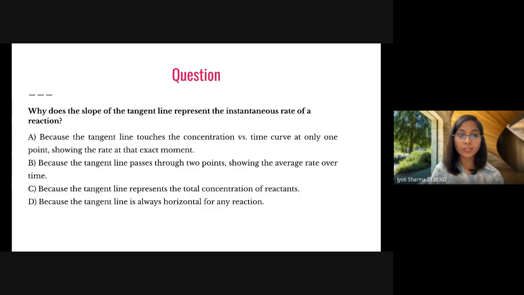Okay, next question is, why does the slope of the tangent line represent the instantaneous rate of the reaction? So what it is saying, again we have concentration, we have time, and this concentration is reducing with time.